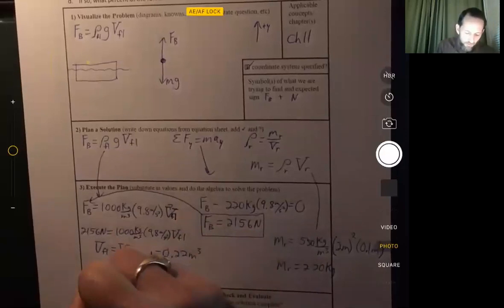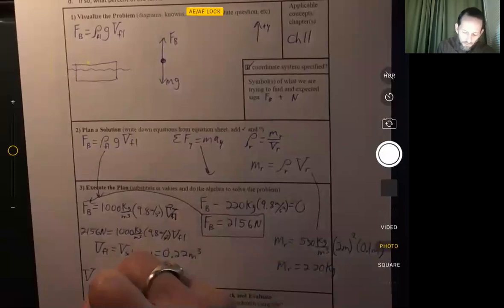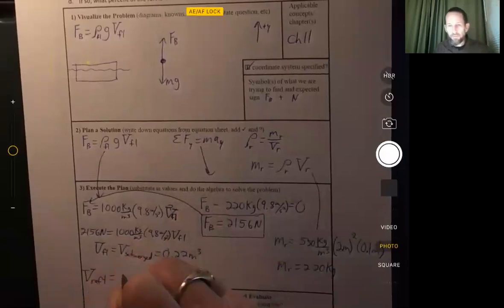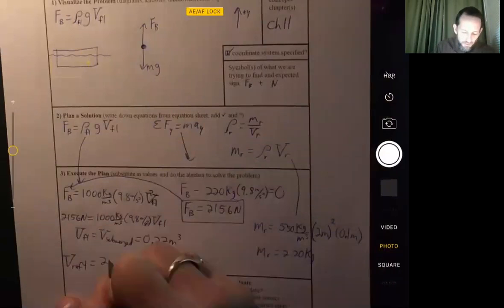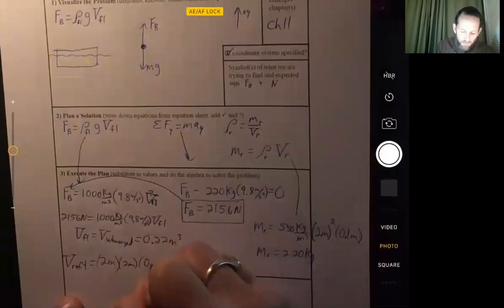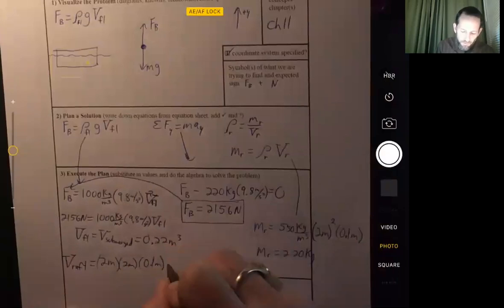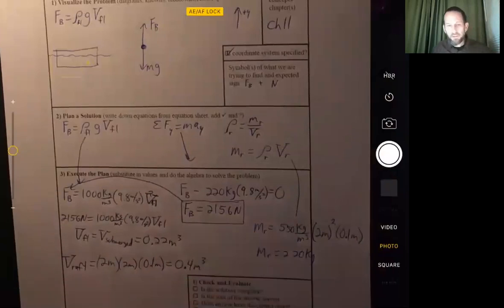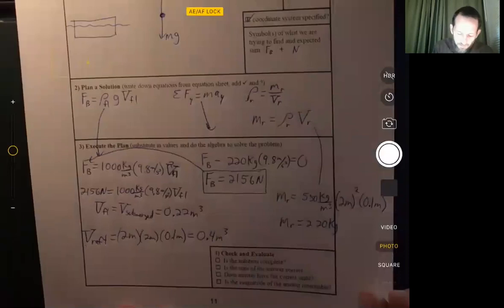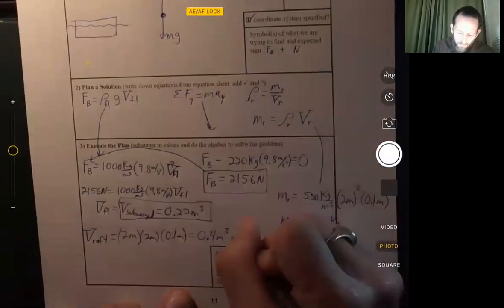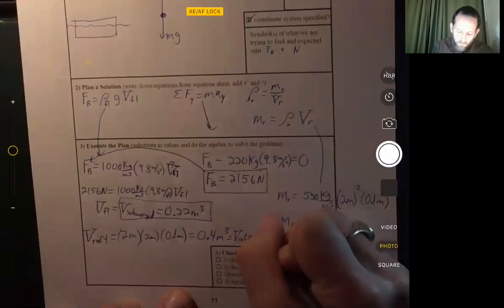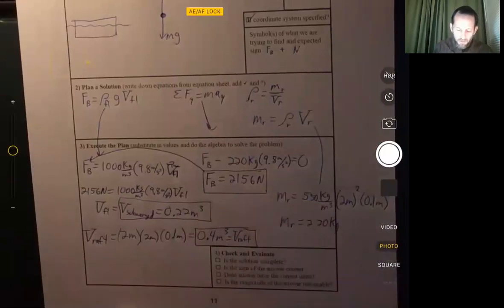The volume of the raft we calculated before: 2 meters times 2 meters times 0.1 meters, so that's 0.4 cubic meters. There are our answers for part C.